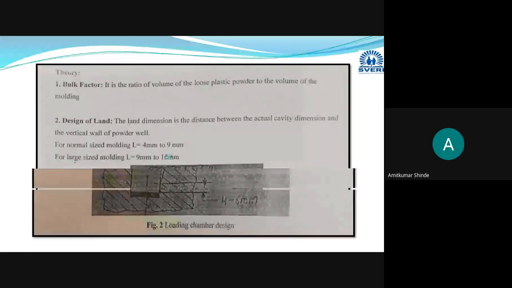Then design of the loading chamber. So this is the design of the loading chamber. The chamber is provided with a flare, or in short, you can say a slight taper or slight angle, and generally a flare of 1/3 degree to 1 degree is provided. This flare should start by leaving a distance of 4 to 6 millimeter from the bottom of the loading chamber.